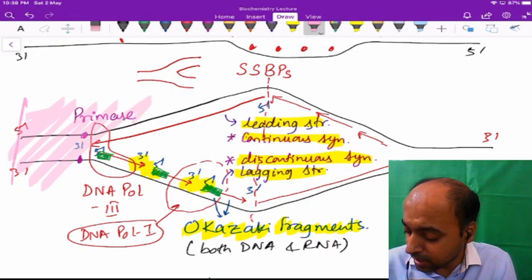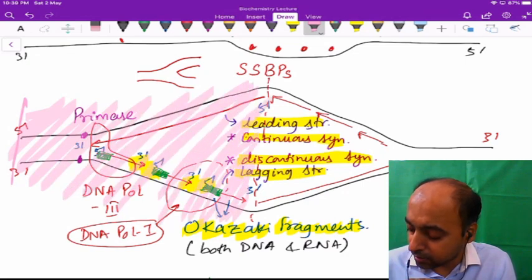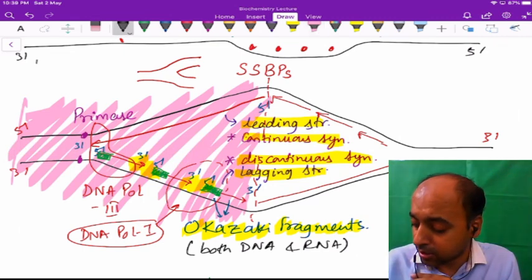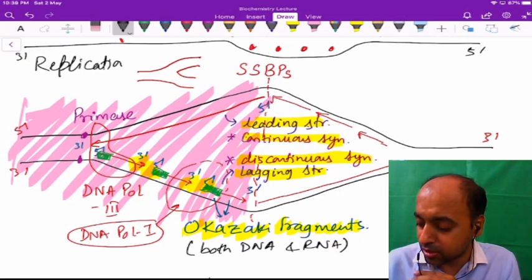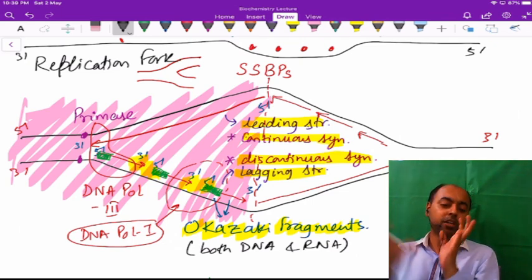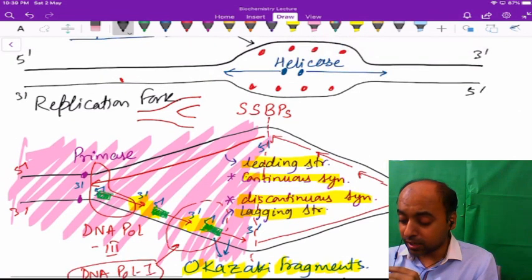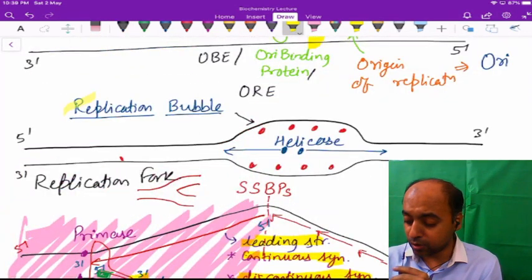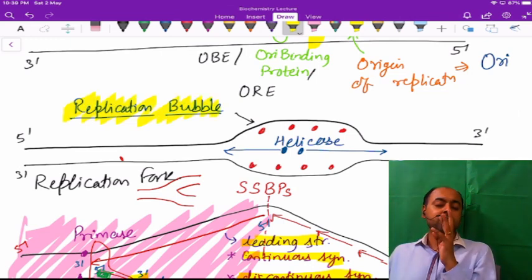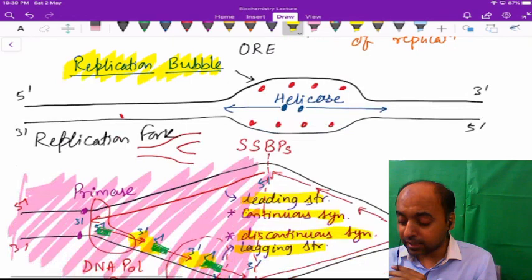Just the one half of this replication bubble is commonly known as the replication fork. So two replication forks together make up one replication bubble. So remember these terms, the replication fork and the replication bubble.